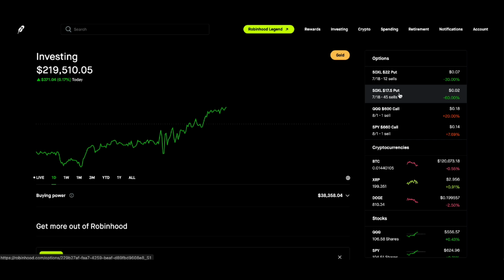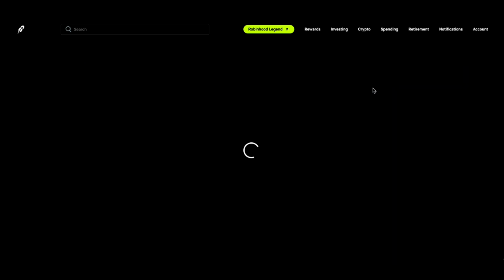Meaning, of course, I will be given very little premium for that. I got 2 cents per share premium, meaning for 45 contracts, I only made $90, whereas for just 12 contracts here, I made close to $190.